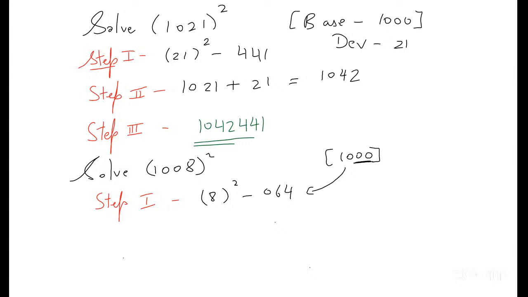The rest is correct for y'all. Only 064 it becomes. Ma'am, we had done this case with the 100 even. Yes, we do this with 100 also. Same thing: if the square of the deviation is only 1 digit, but the base is 100, we put a 0 to the left side of the number.